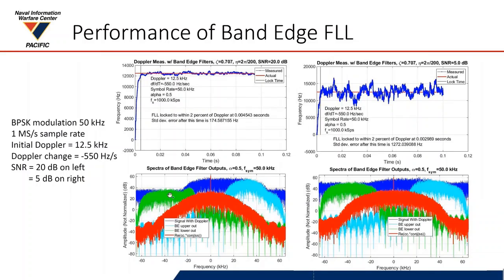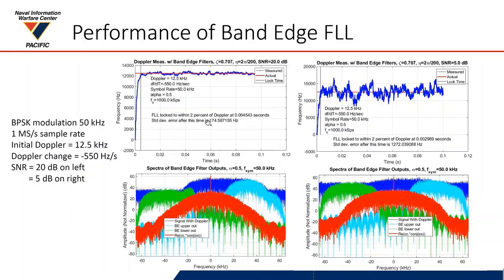The spectra on the bottom show the matched filter, showing the Doppler offset, the band edge filters, and this figure of merit that we talked about, the product of the sum of the band edge filter outputs times the conjugate of the difference, and the real part of that showing the spike there at DC, which is proportional to the frequency offset.